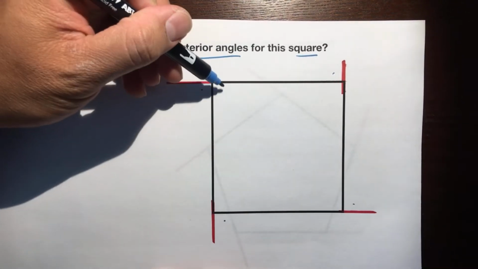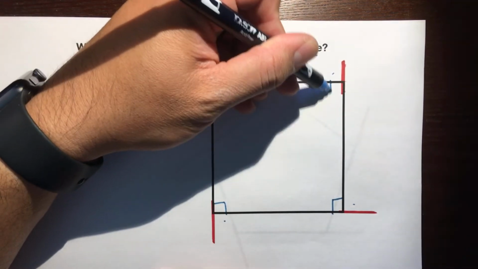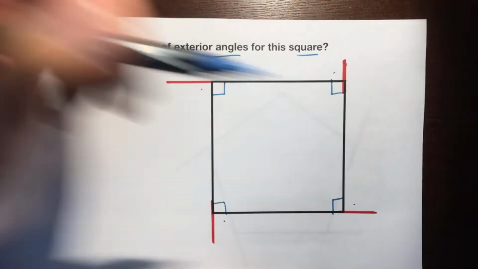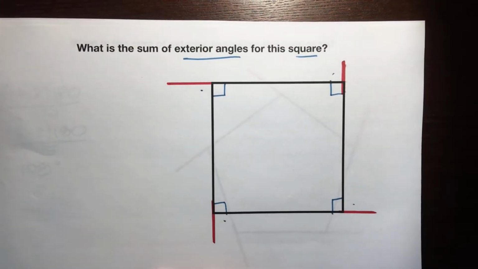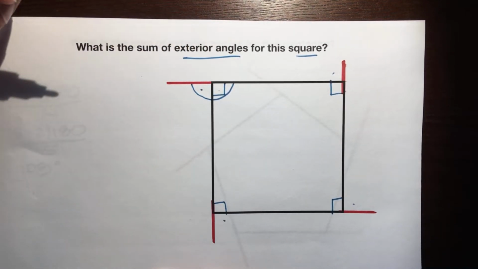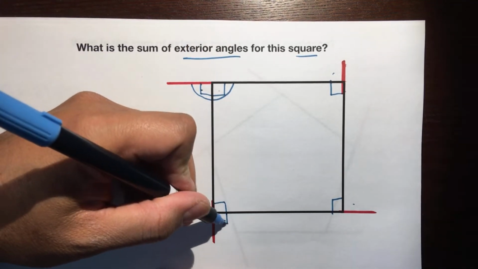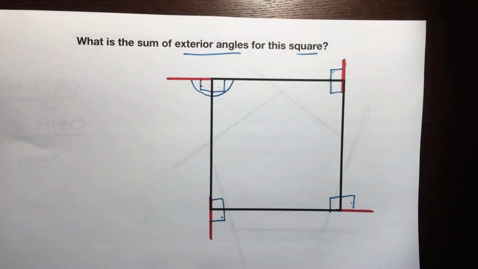Well, we know in a square the interior angles are all 90 degrees, and if we extend each of these lines going this way, the question is, what do these four angles add up to? Well, if this is 90, these angles are supplementary, so this angle has to be 90, this angle has to be 90, this angle has to be 90, and this angle also has to be 90 degrees.